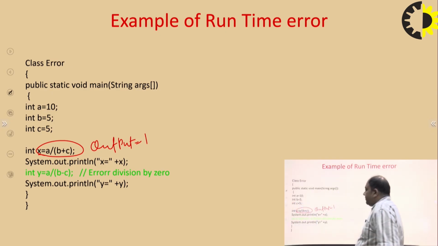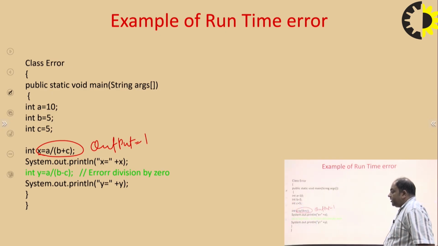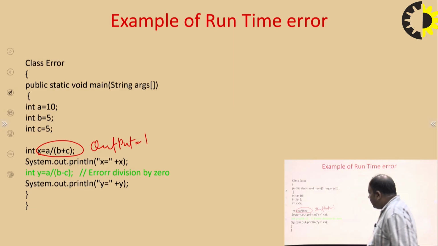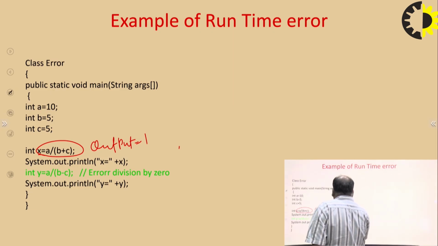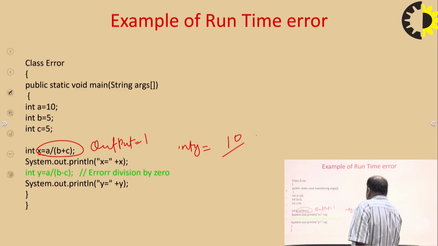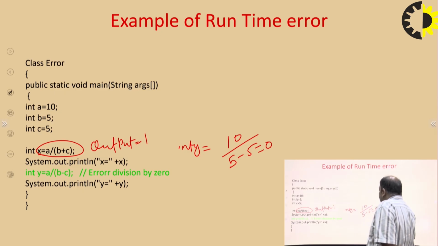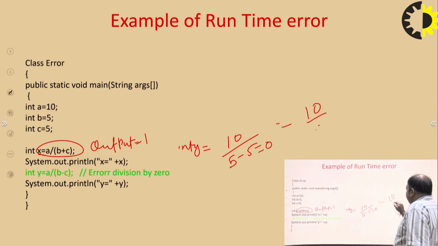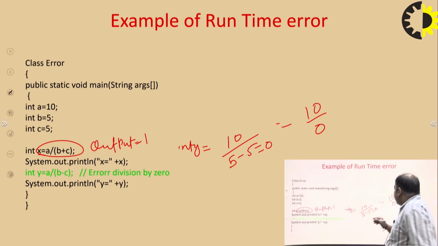But at the same time, when we divide using a subtraction, int y = a / (b - c), which is 10 divided by 5 minus 5, equal to 0. So it basically means 10 divided by 0, which tends to infinity, we know that.